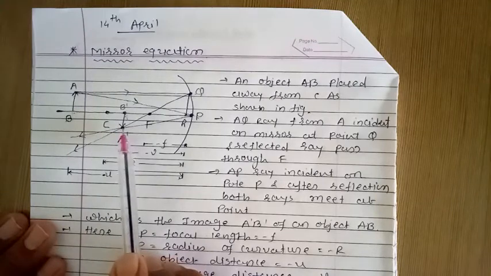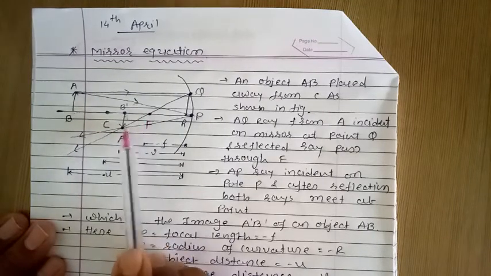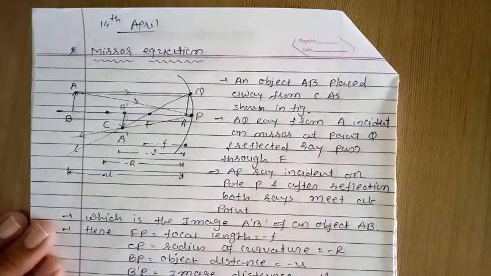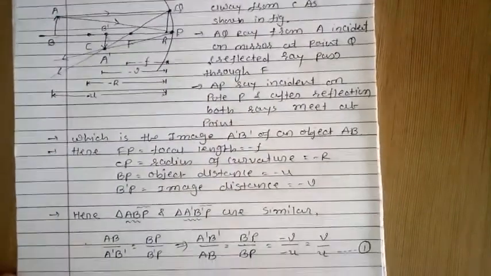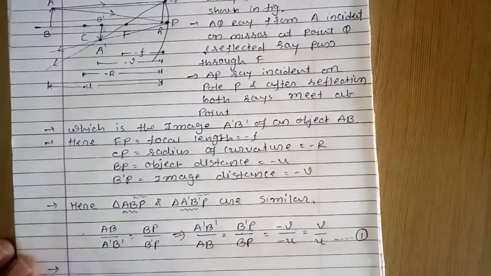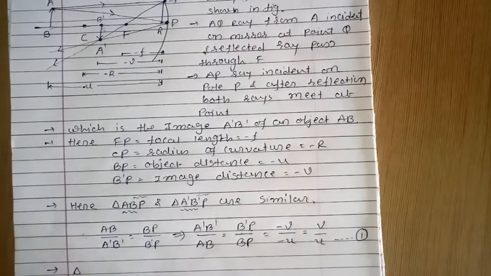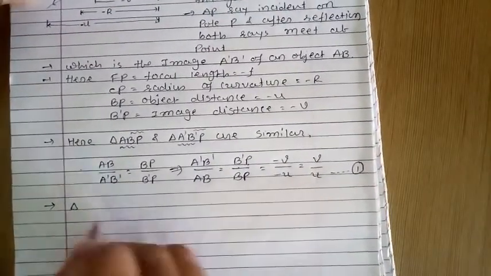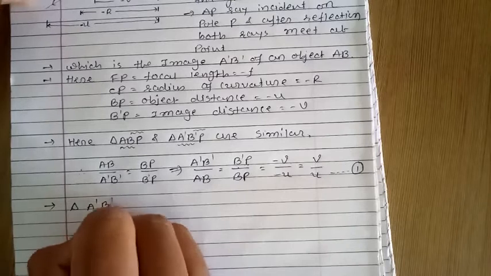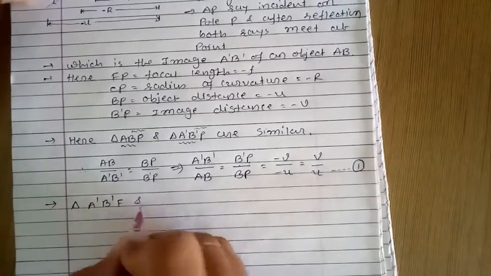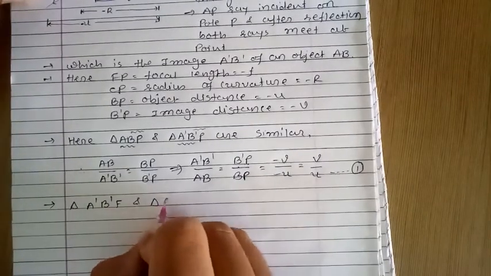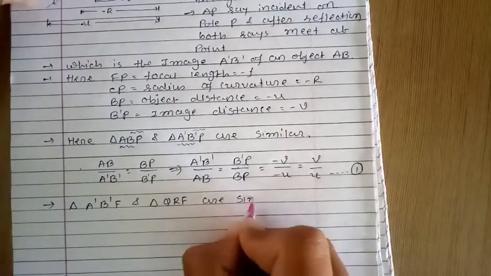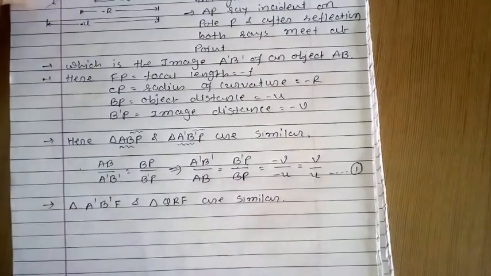I repeat, triangle A dash B dash F and QRF are similar, right?